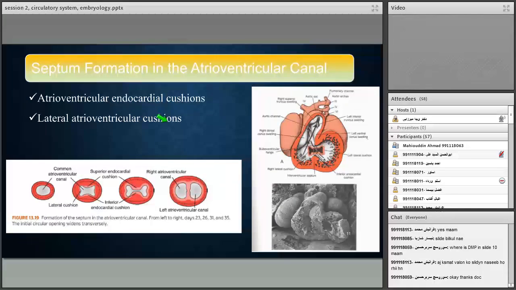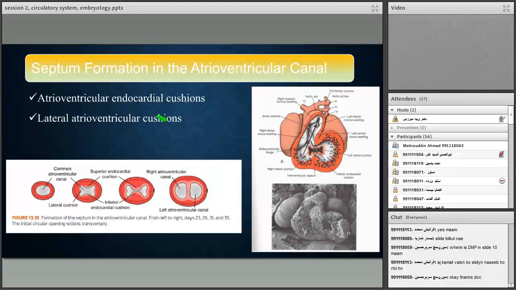Now, slide number 11. Okay, we want to see how the septum is forming in the atrioventricular canal. At the end of the 4th week, four atrioventricular endocardial cushions are appearing.